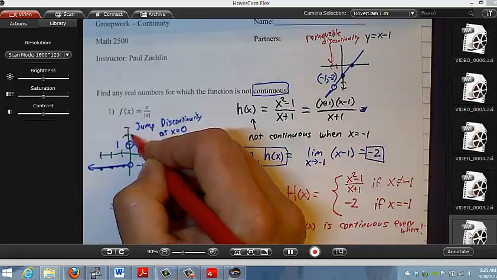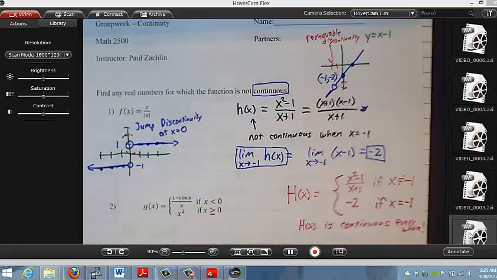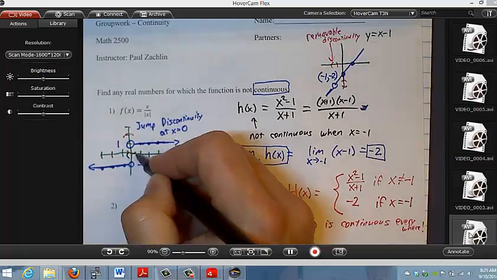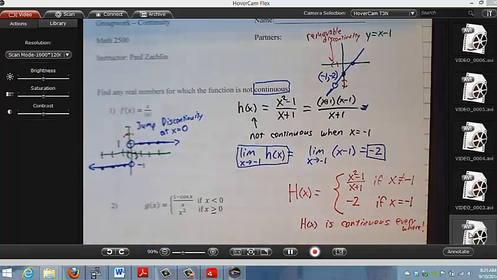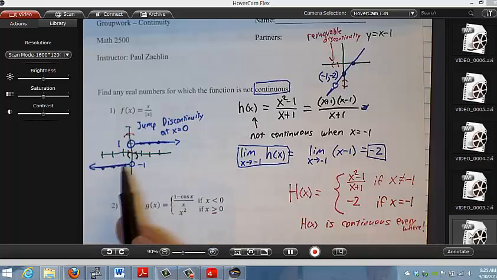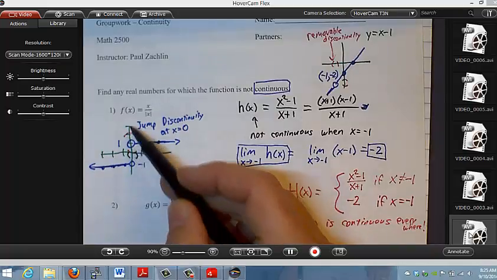Well, you make epsilon equal to 1, it would be a neighborhood like that. And you say, what should delta be? Well, the problem is that delta is going to be a neighborhood around 0. And I don't care how small you make delta. If you're on the left side of 0, what's the output? Negative 1. It's not going to be in the epsilon window.